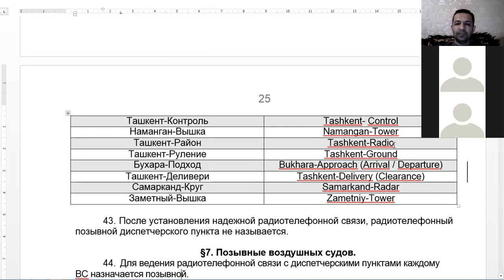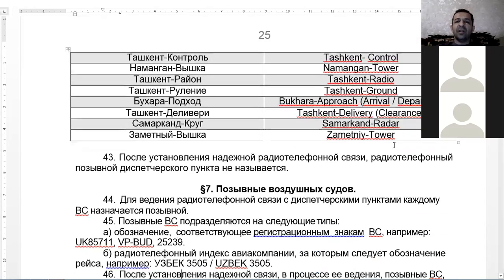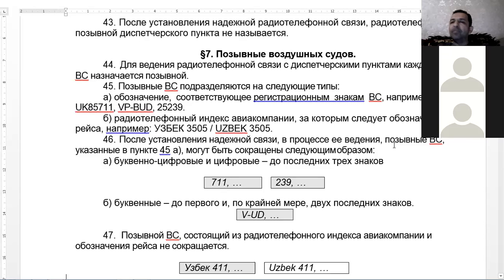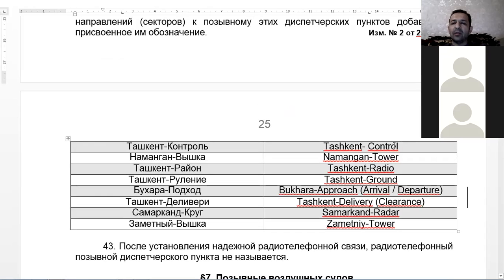What's next? What about call signs of aircraft? Call signs of aircraft. Zametny tower. What is Zametny tower? It's not a town name.